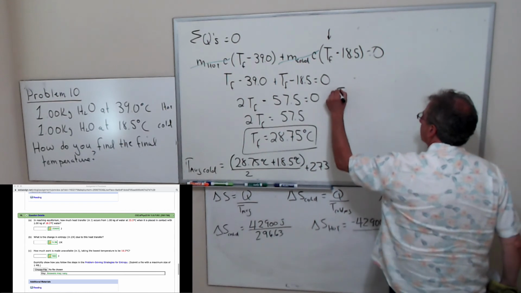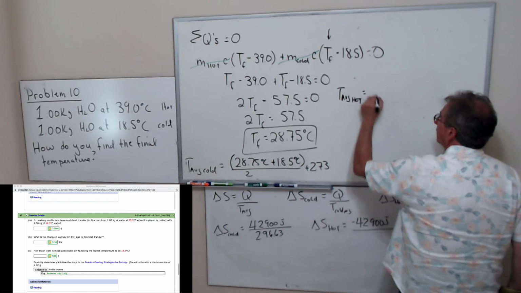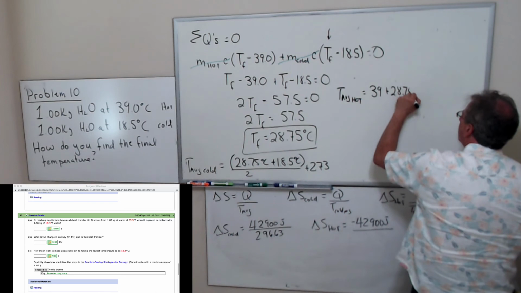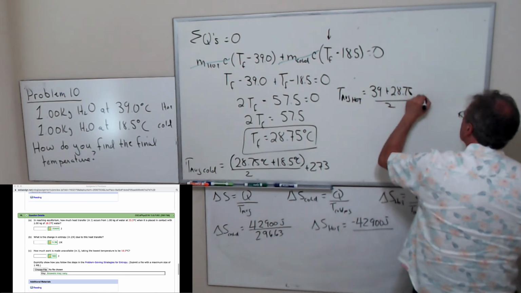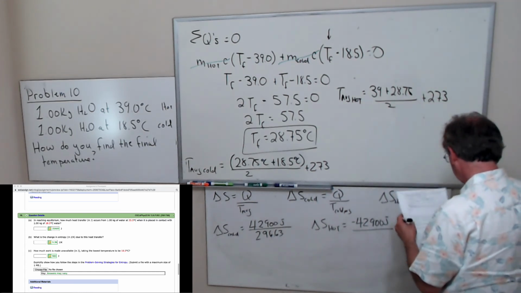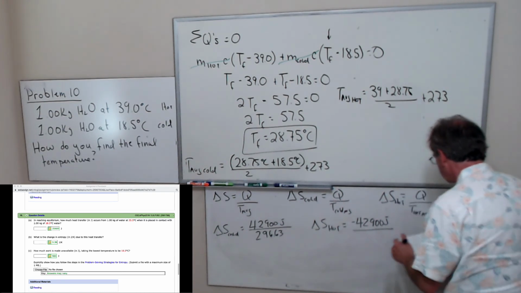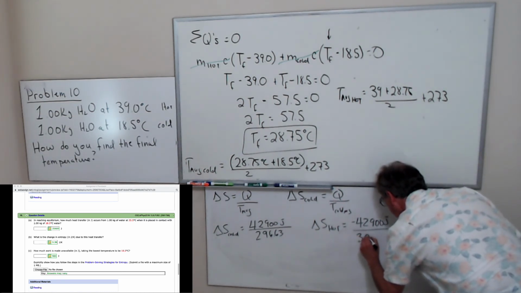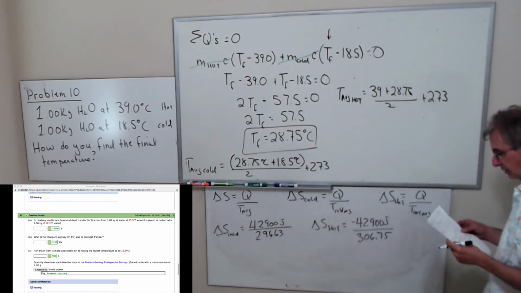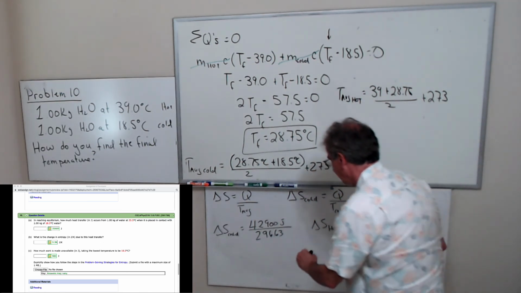T average hot is going to be 39 plus 28.75 over 2 plus 273. And that comes out to be 306.75.